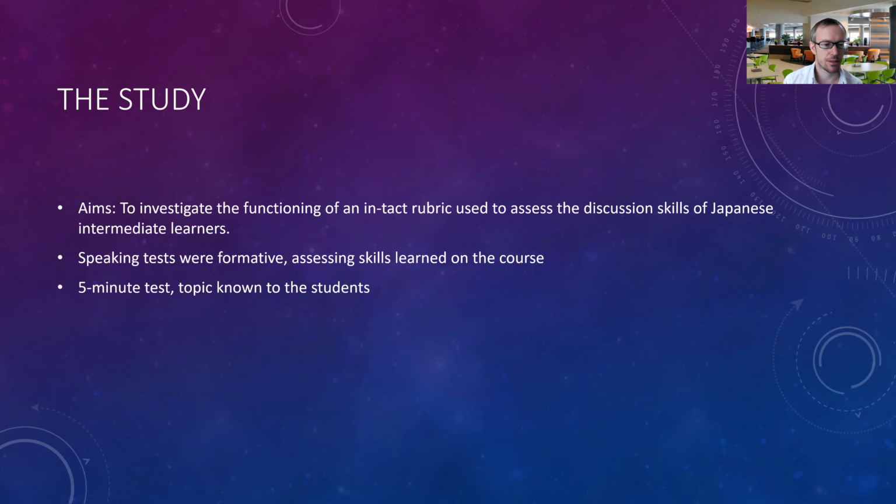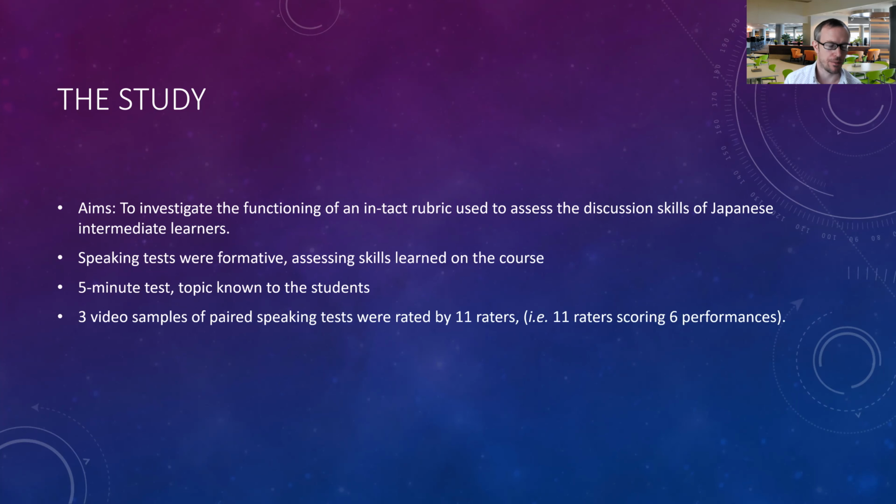Basically, a 5-minute test. The students knew the topic in advance and had been practicing it, and did the speaking test in pairs. Then for this research, I had 3 video samples of paired tests, so 6 students in total, and these were rated by 11 teachers. I then analyzed those ratings using Many Facet Rasch Measurement, the statistical method that I mentioned earlier.